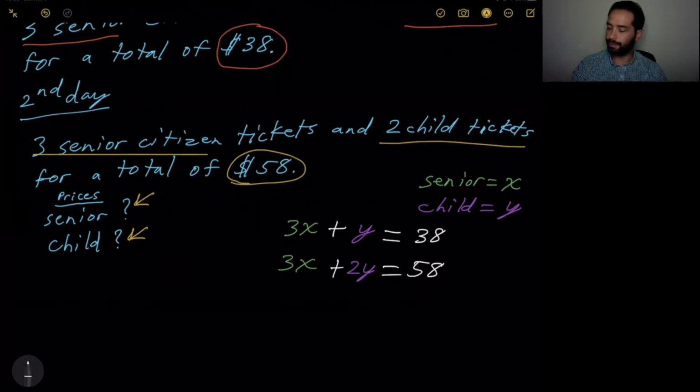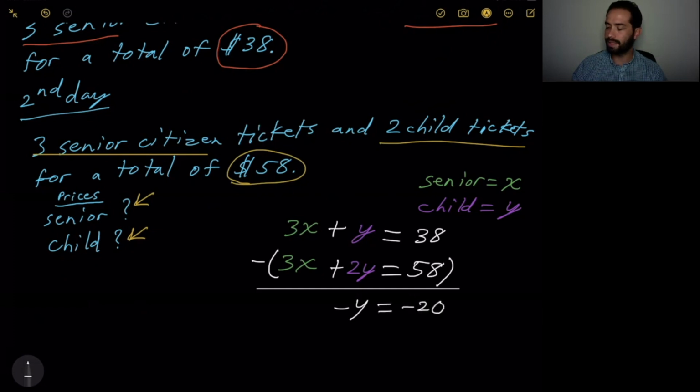Here we go. Parentheses, subtraction, line, 3x minus 3x, that's 0. y minus 2y, that's negative y. And then 38 minus 58, that is negative 20.